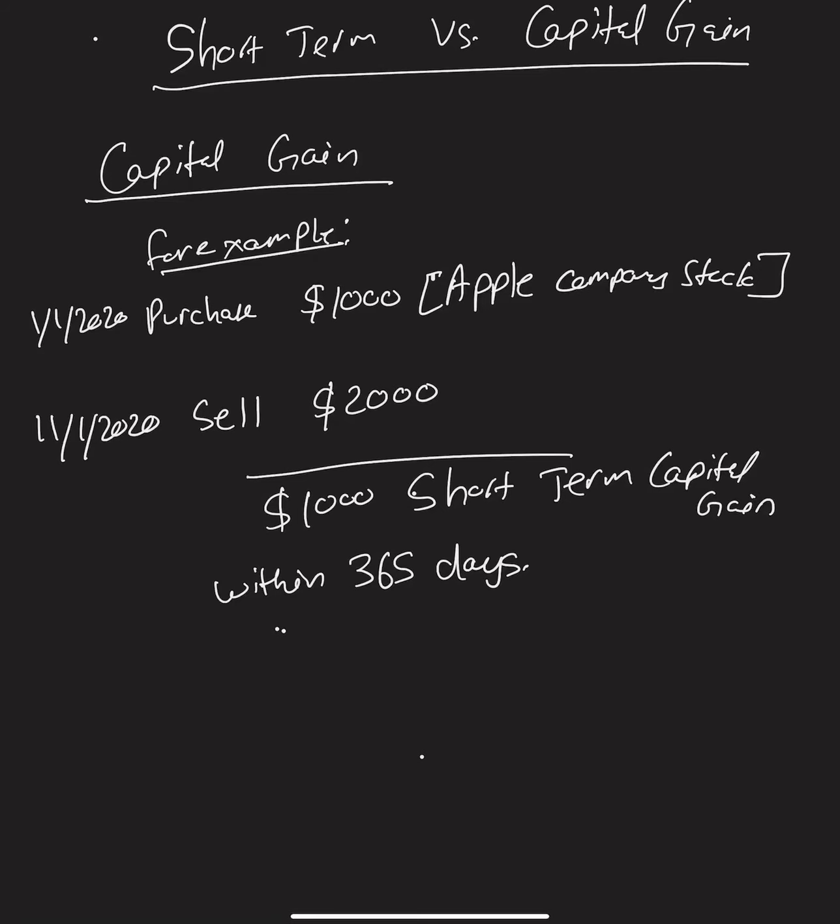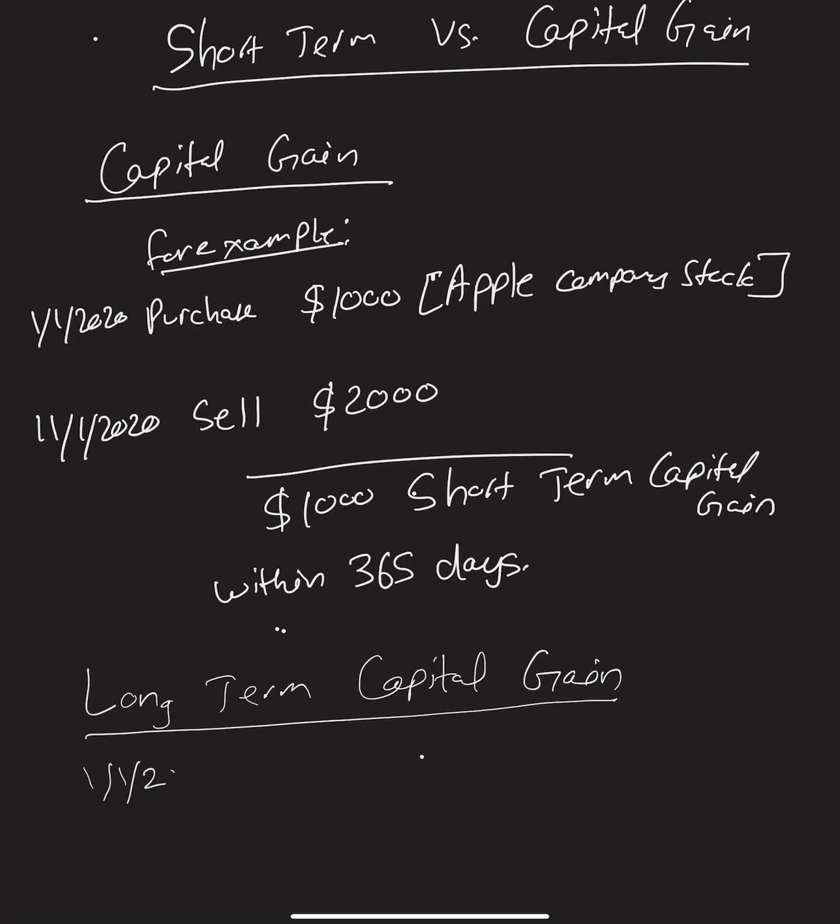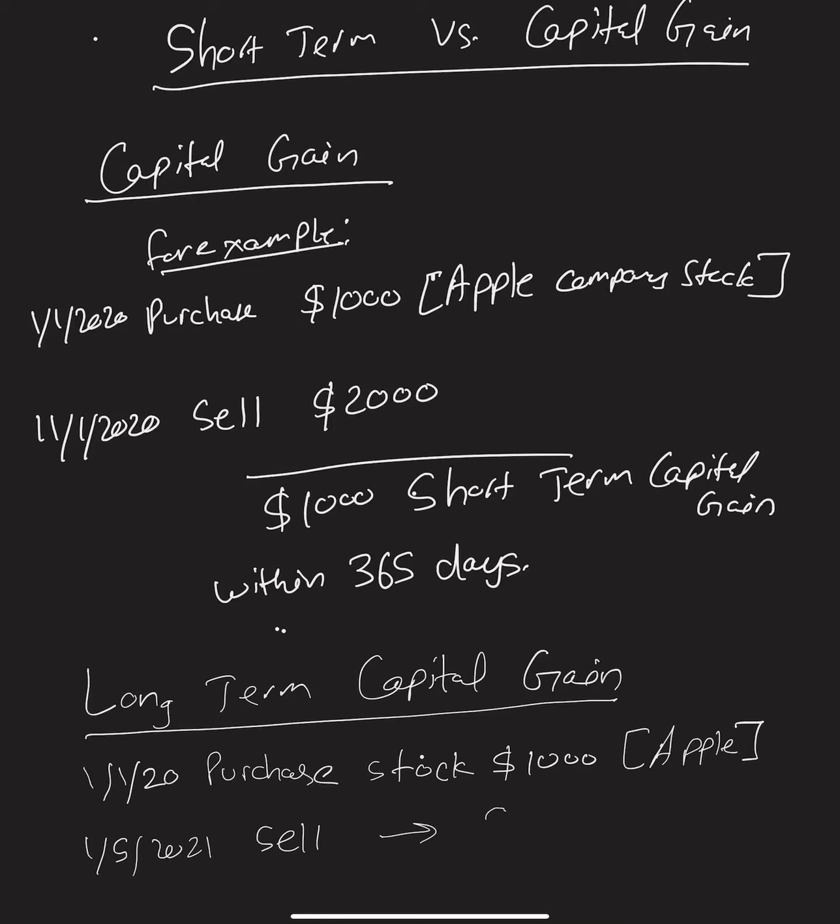Then let's talk about long term capital gain. Now, in the same example as before, you purchase stock for $1,000, but in this case you sell it on January 5th of 2021, and you sell for $2,000.